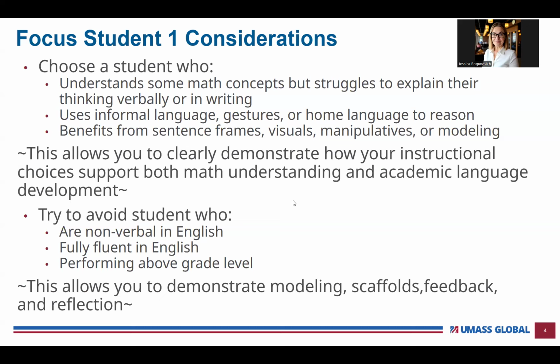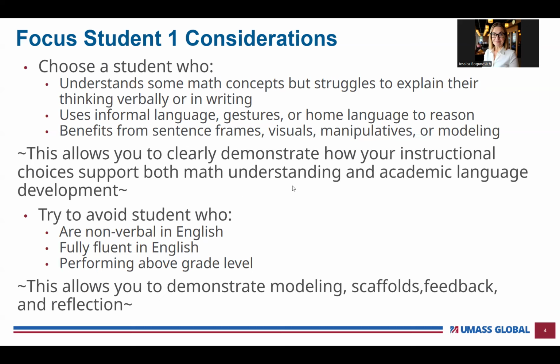This will allow you to clearly demonstrate how your instructional choices support both the math instruction and understanding and the academic language development, both of which are required for math cycle and for constructing language or learning objectives or learning outcomes.